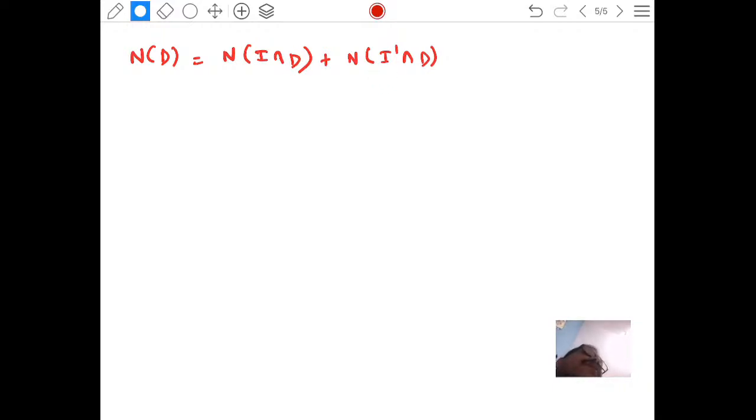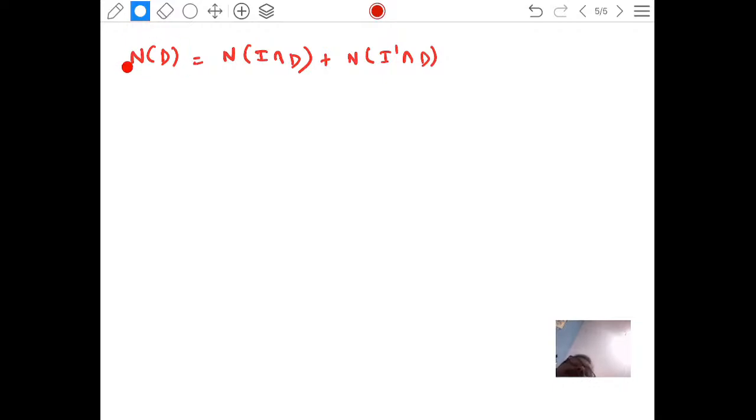Again the second one, n of I complement intersection d, means again the machine parts which are defective, but here I complement indicates the machine parts which are properly assembled. So we may have machine parts which are improperly assembled or properly assembled, but both may be defective.